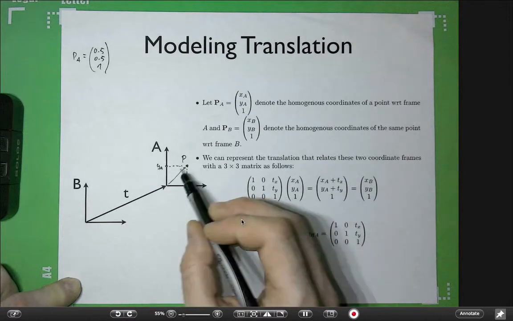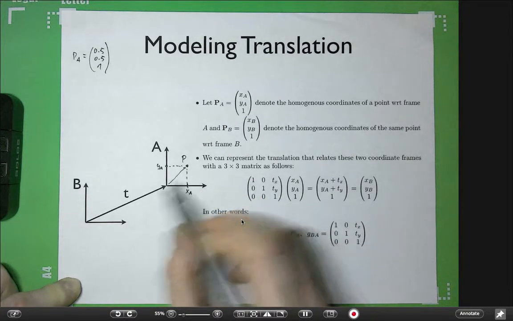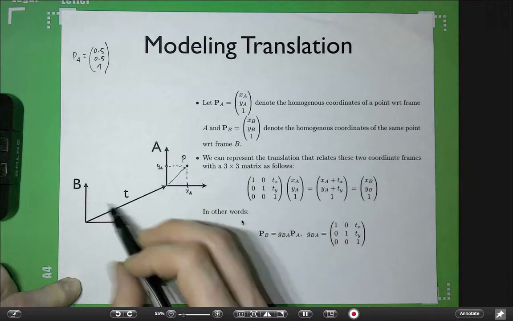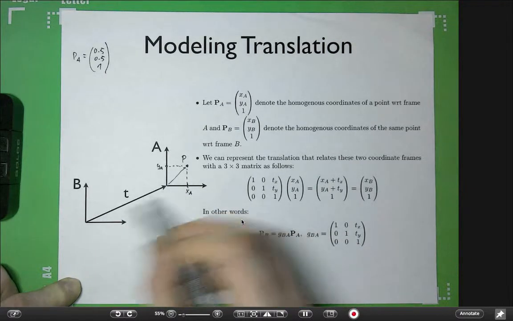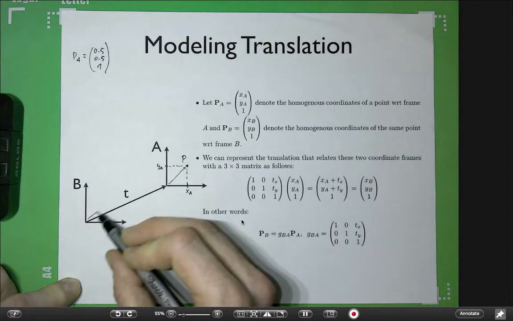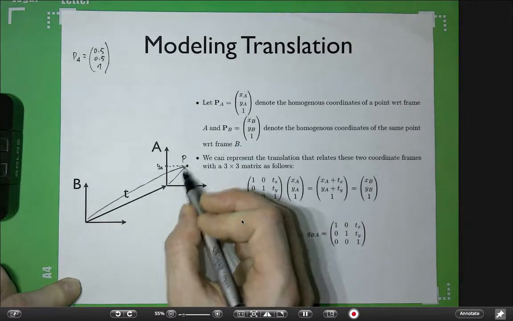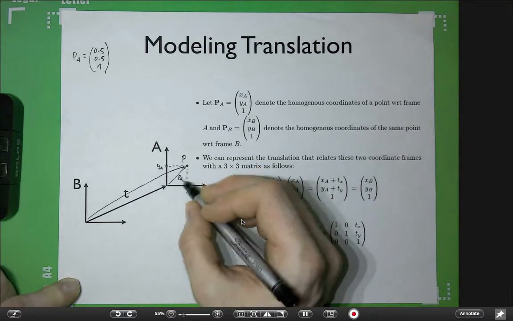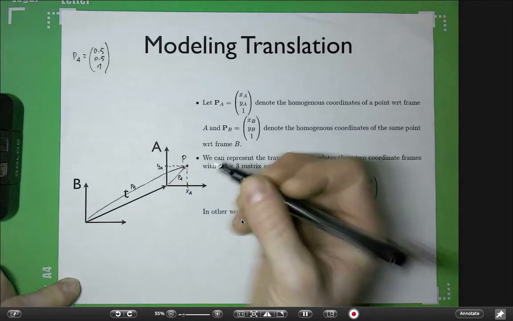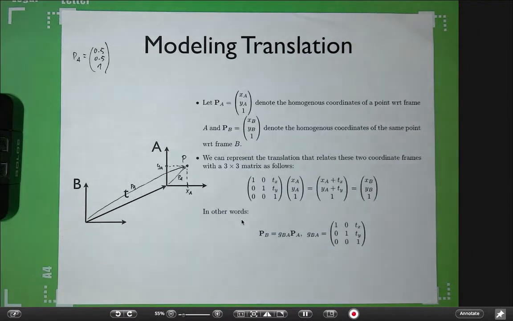Now what I would like to do is to convert the homogeneous coordinates to coordinates with respect to frame B, which differs from the frame A by translation of vector T. So this is my PA vector, and this is my PB vector.